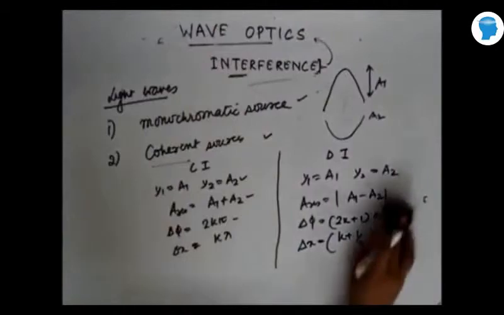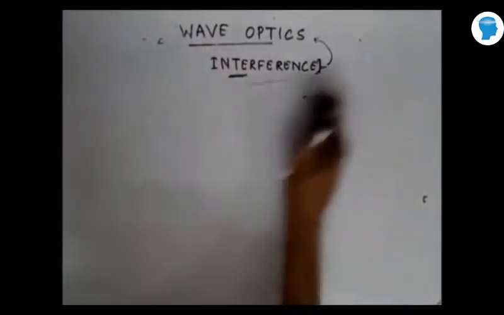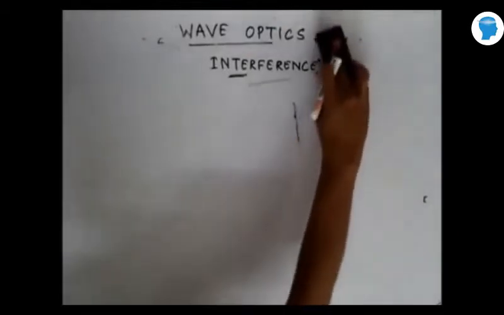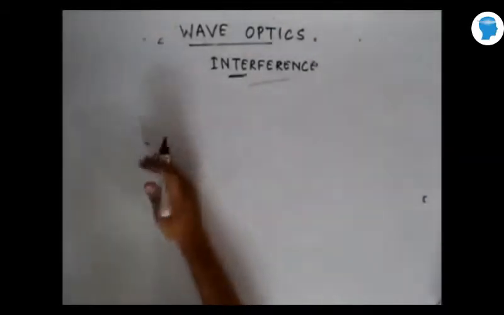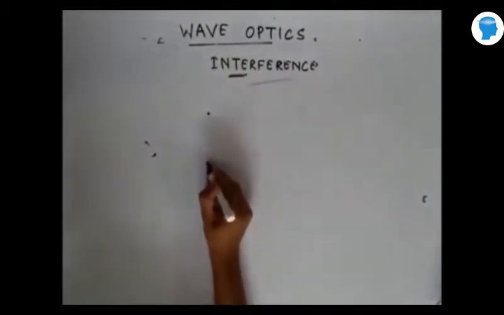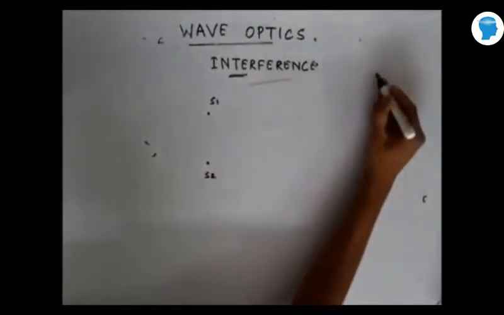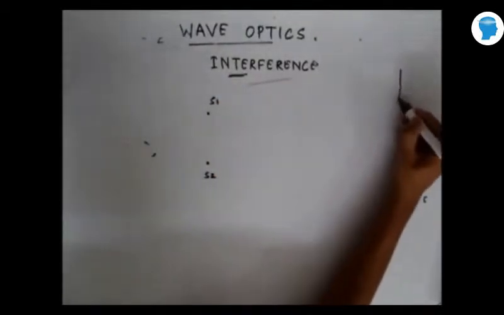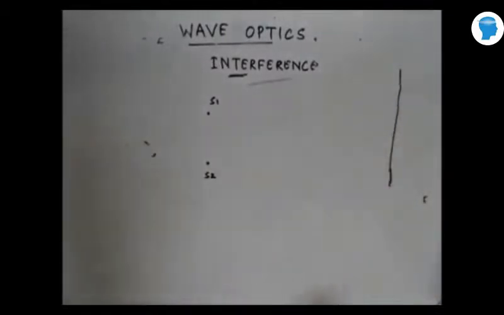So, first take a very normal setup which Thomas Young also used. Let's understand the interference in case of a double slit. So, in double slit, here we have a screen on this side. Okay, this is a screen.